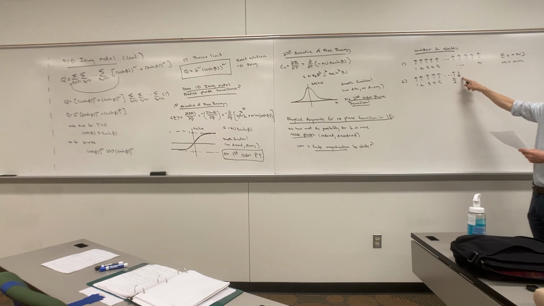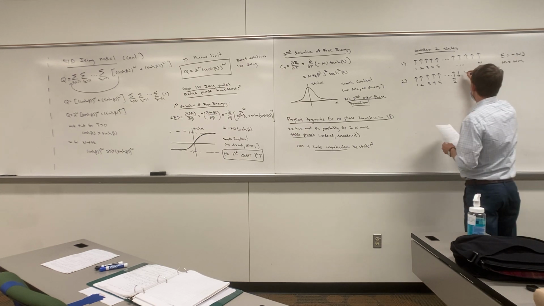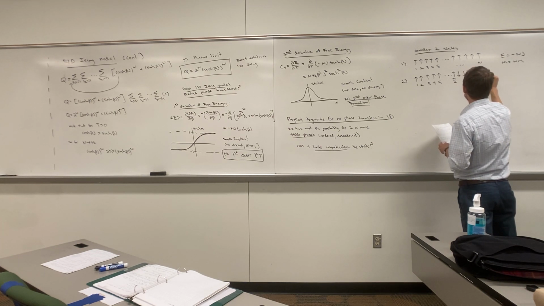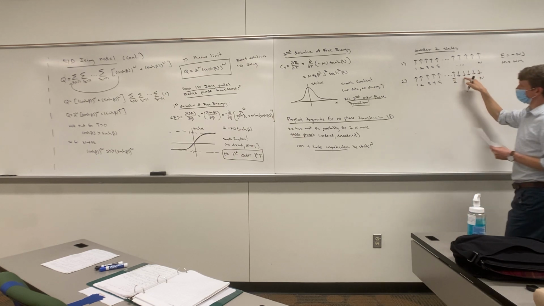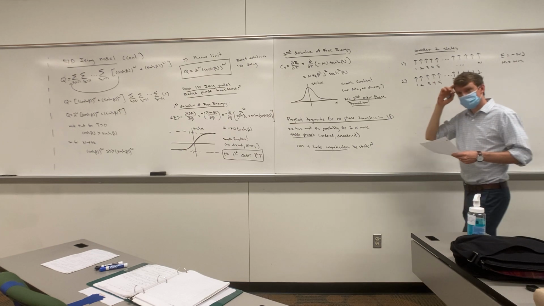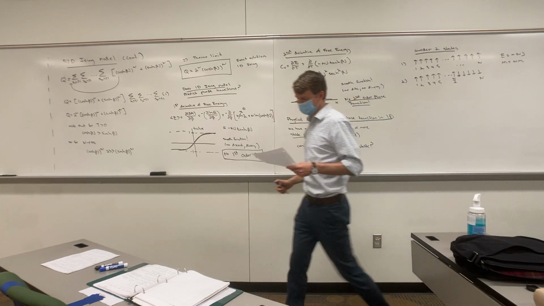What should the rest of my spins be to make sure I only have one unfavorable interaction? Should my next spins be up or down? Down, right? So I want to keep the rest of them down, because they don't care whether they're up or down, since there's no magnetic field. They just care about what they are compared to their neighbor. And yeah, so I was going to get to that.